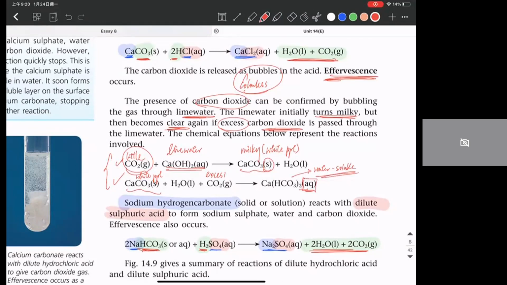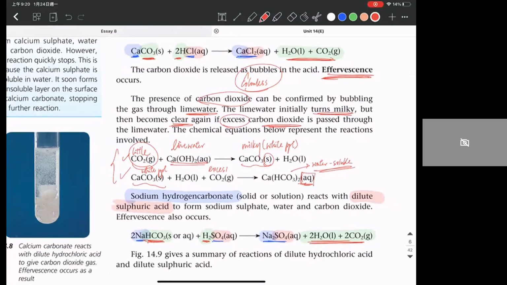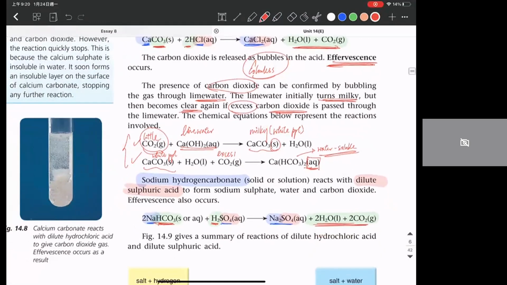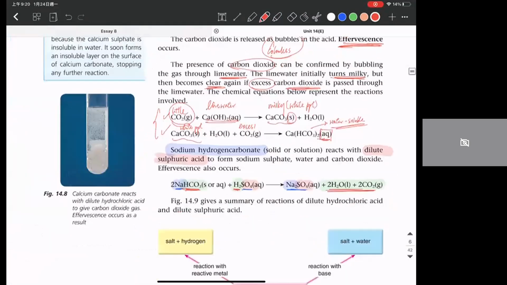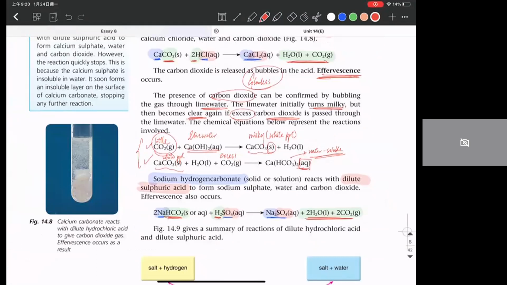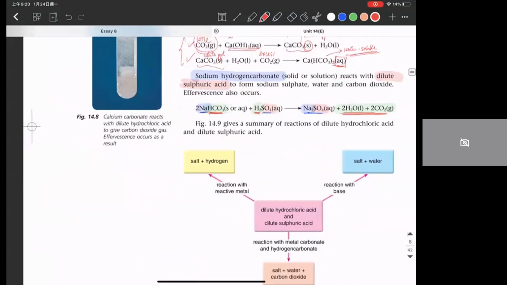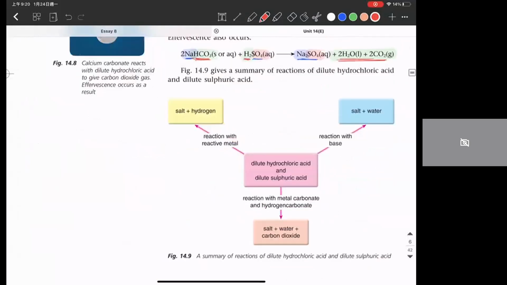And in the video, we just show you the experimental setup. Could you please draw the experimental setup in the book as well? What is the experimental setup? Give me the marker. The experimental setup for this reaction.